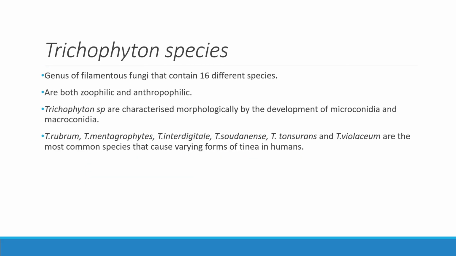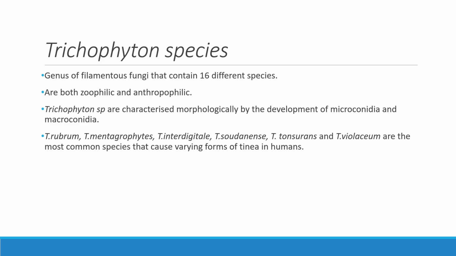Trichophyton is a genus of filamentous fungus that can contain up to 16 different species. This number has been whittled down from 22 species after DNA sequencing showed that some species are more closely related to other dermatophyte species or require their own genus altogether.